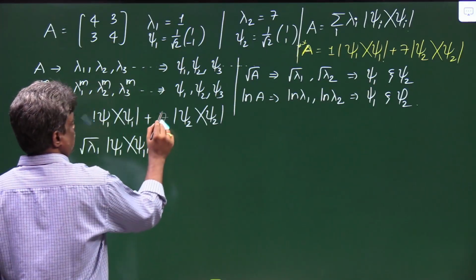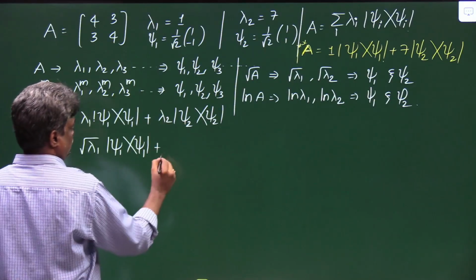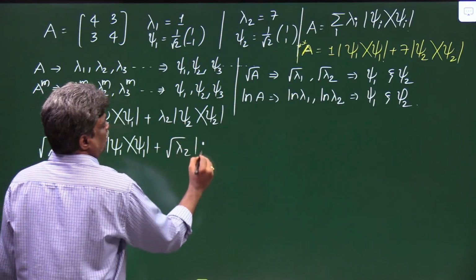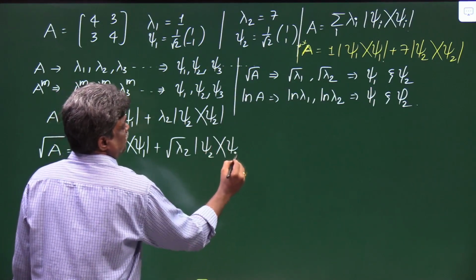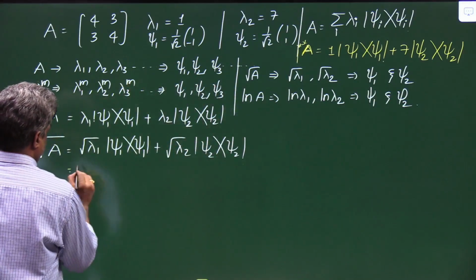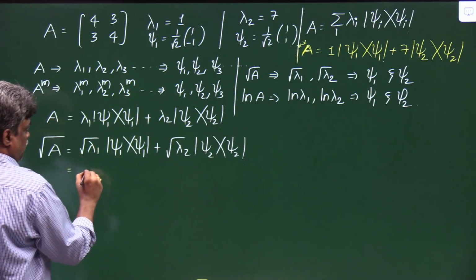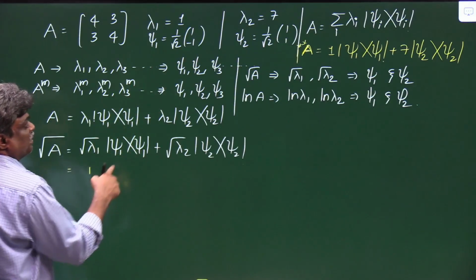Otherwise here also please write in terms of lambdas, and there will be no confusion. And here root lambda 2 psi 2 psi 2. Now just substitute these things. Root lambda 1 which is equal to 1, and this is the outer product of psi 1 psi 1.